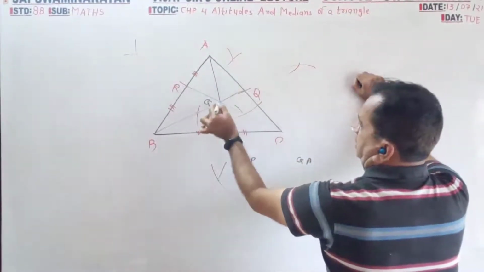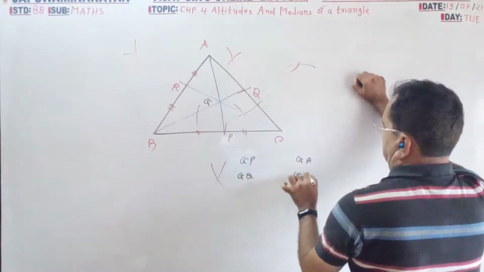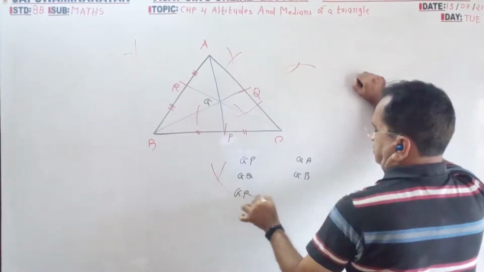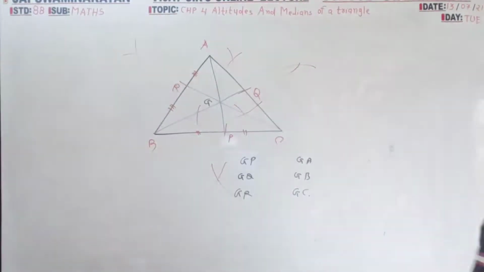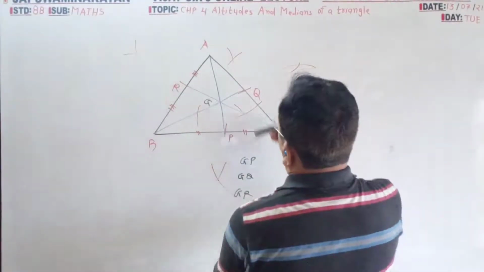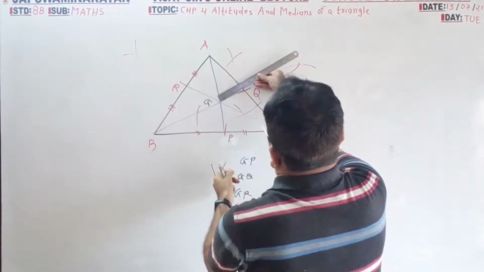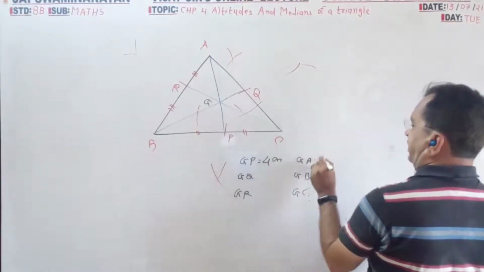On B, GQ, GB. On these, GR, GC. Now measure. So GP I will measure. It is 4. Directly write down 8.